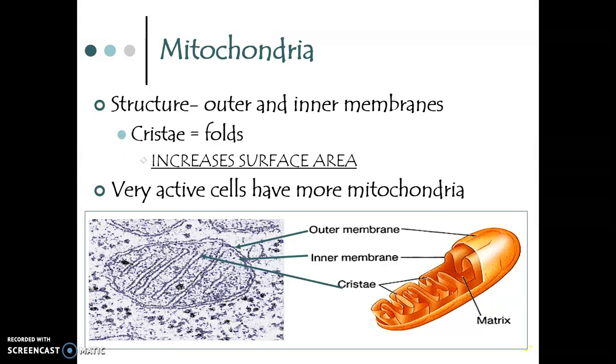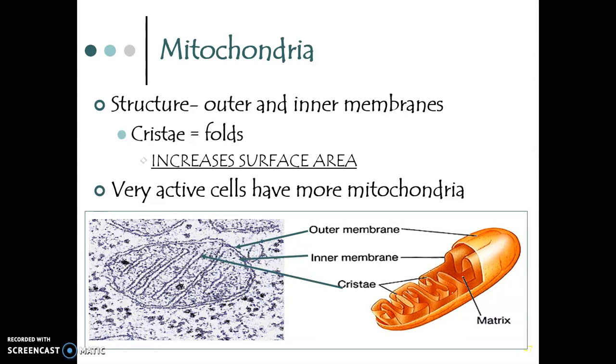What the folds do is allow you to have a huge surface area take up a tiny amount of space. If it was all flat it would take up a huge space, but you fold it and crinkle it up, and now it takes up a teeny tiny amount of space, but it still has all that surface area.